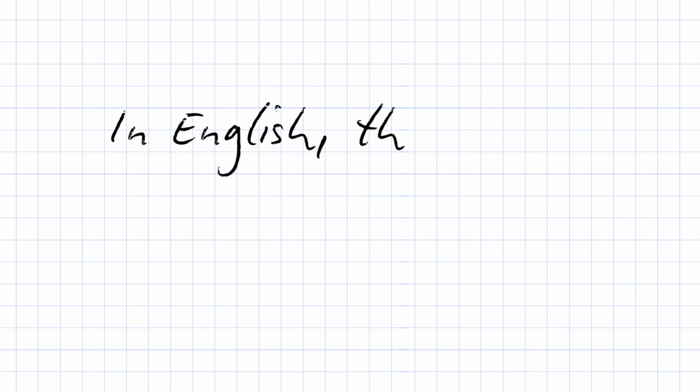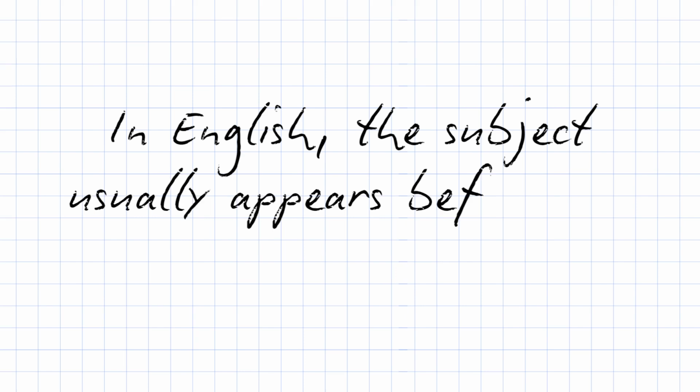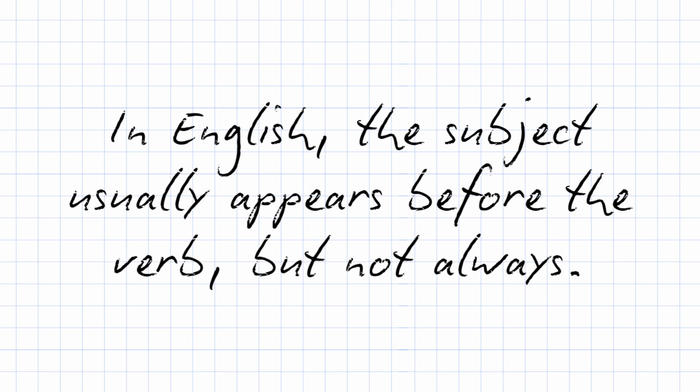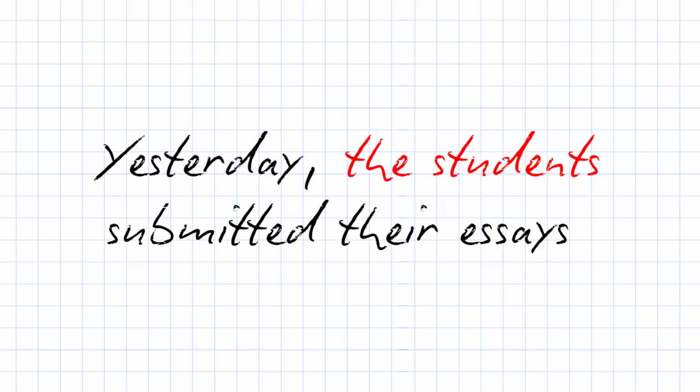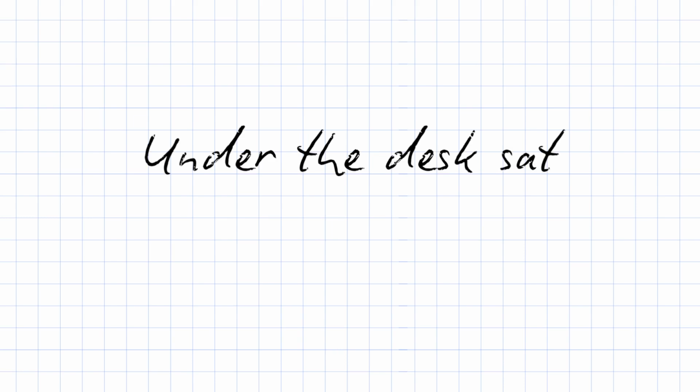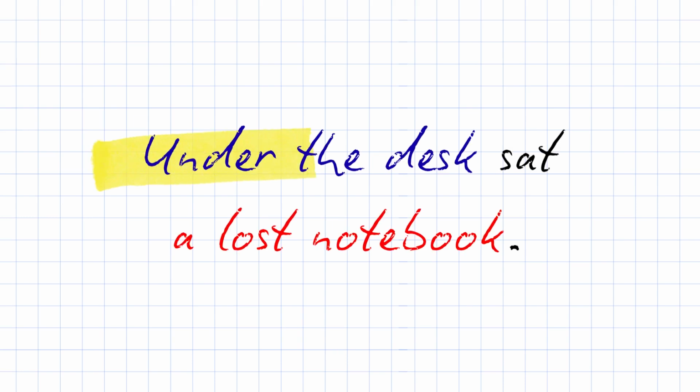In English, the subject usually appears before the verb, but not always. In "Yesterday, the students submitted their essays," an adverb comes before the subject, right at the beginning of the sentence. In "Under the desk sat a lost notebook," here we have a prepositional phrase first, and the sentence subject actually comes last.